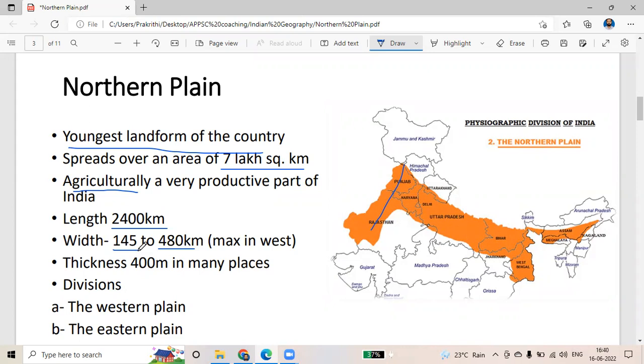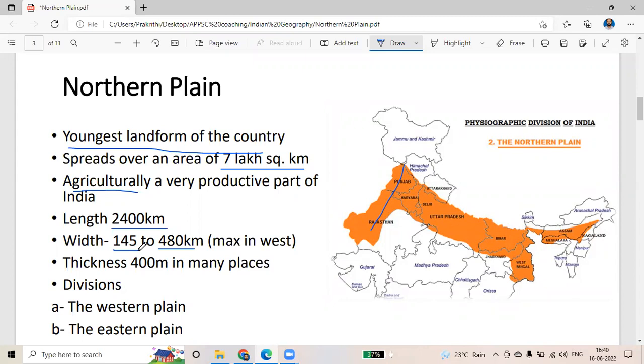It is drained by the Indus, Ganga, and Brahmaputra, the major rivers of India. These three rivers together have created the northern plain.